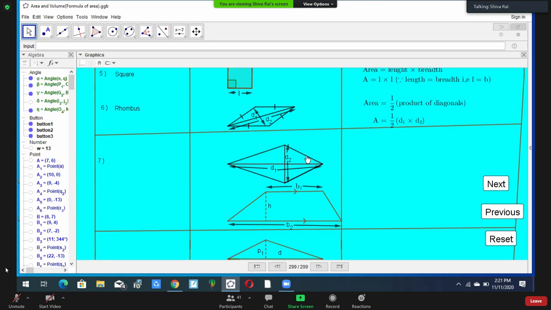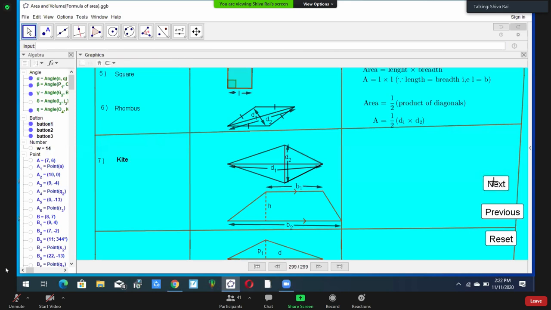Here a little bit of notation is missing. Anyway, you look here, two pairs of adjacent sides are equal. This side is equal to this side, and this side is equal to this side. So in this case, how to find the area of a kite?